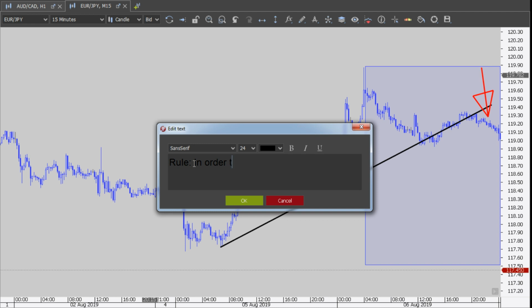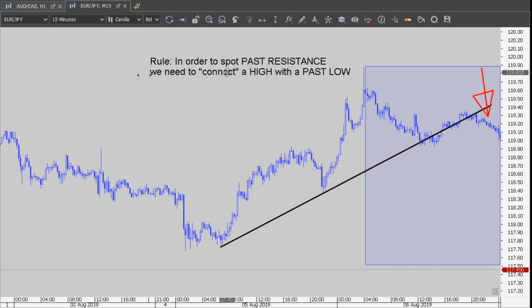In order to spot past resistance, we need to connect a high with a past low. Okay, this is a rule.